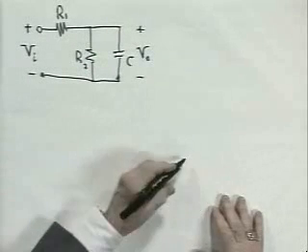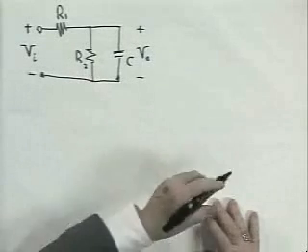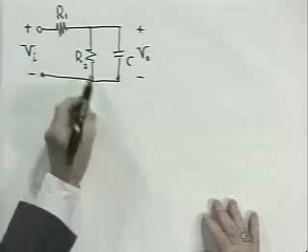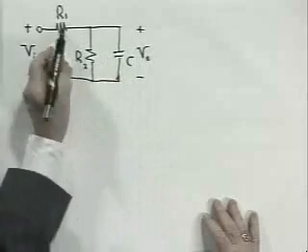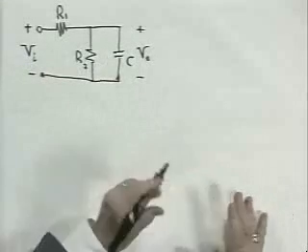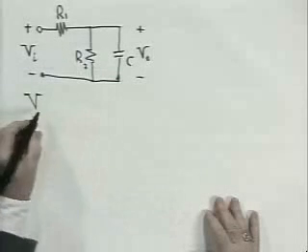If this capacitor were a resistor, you could write the result down. You'd say that V sub O over V sub I is the parallel combination of these two resistors divided by that parallel combination plus R1. Let's do the same thing in terms of the voltage division ratio with the capacitor in there.